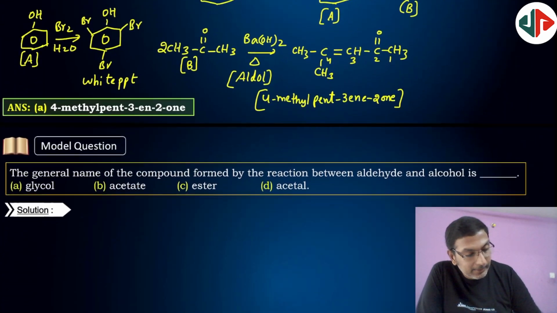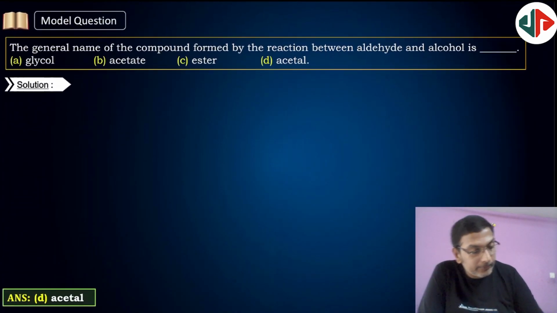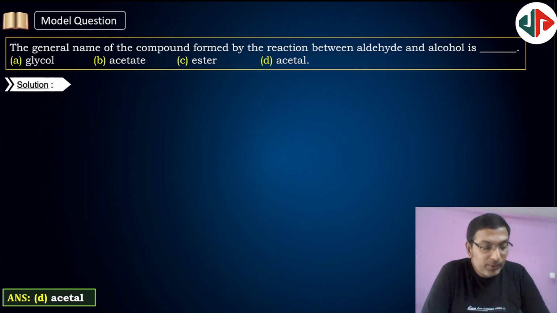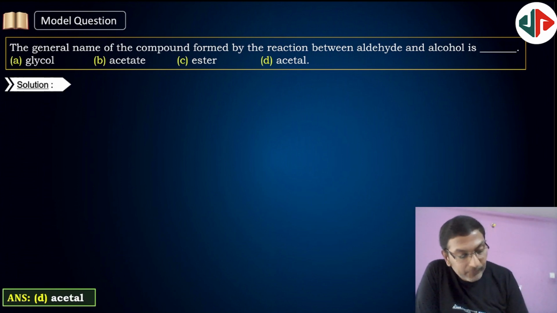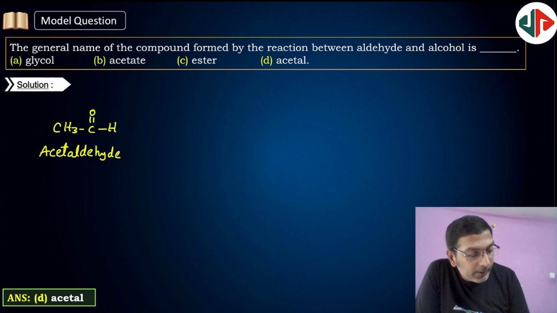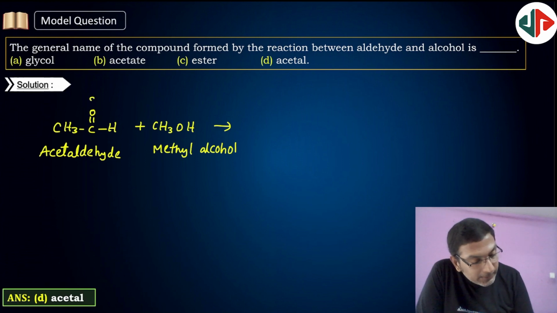Next. The general name of the compound formed by reaction between aldehyde and alcohol is asked. So I am taking CH3CHO, acetaldehyde, with 1 mole of methyl alcohol. Here delta minus, delta plus, and here minus and plus.